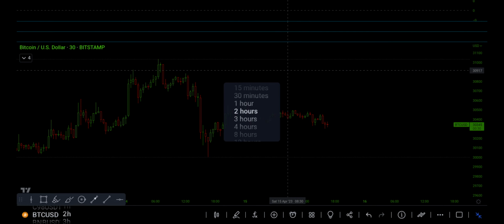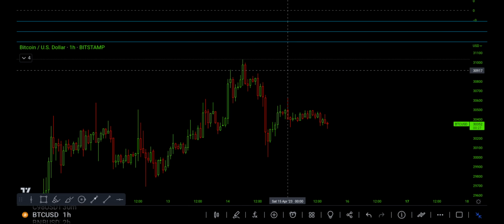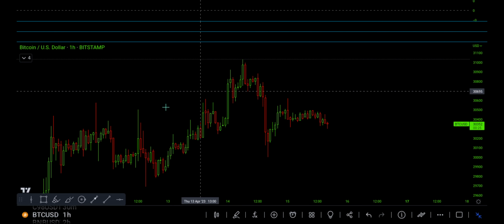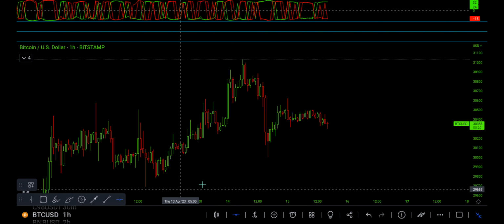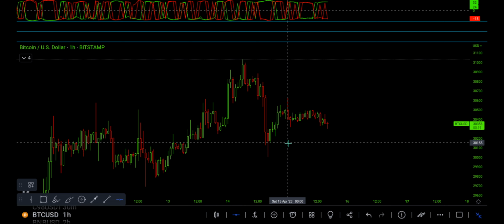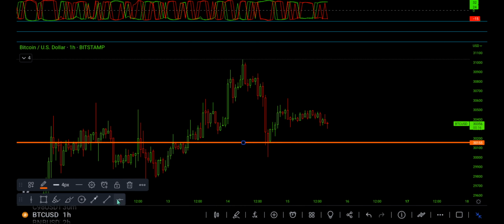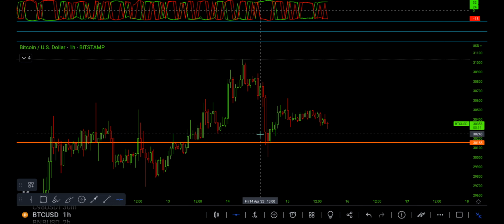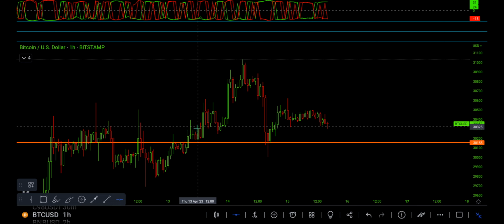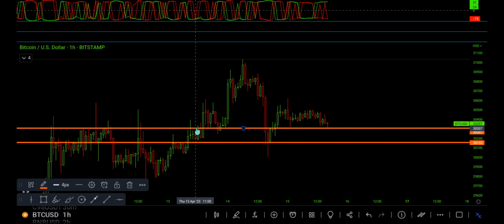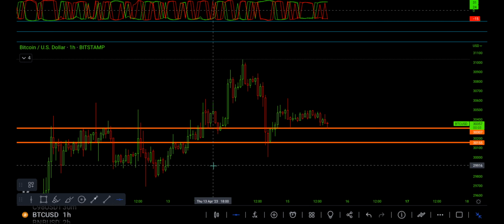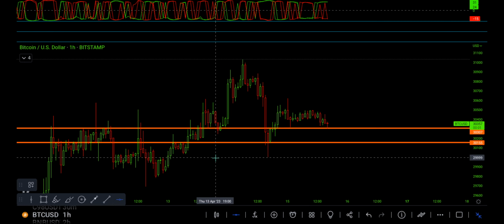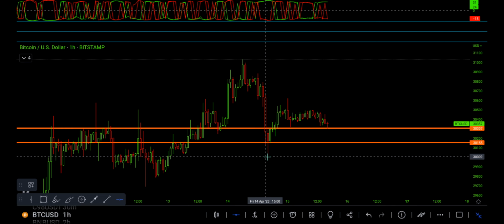So let's get some lines on here, just wherever price seems like it might want to hold out at, you know. Let's get some lines. They help you think. Right here, this would great, y'all.